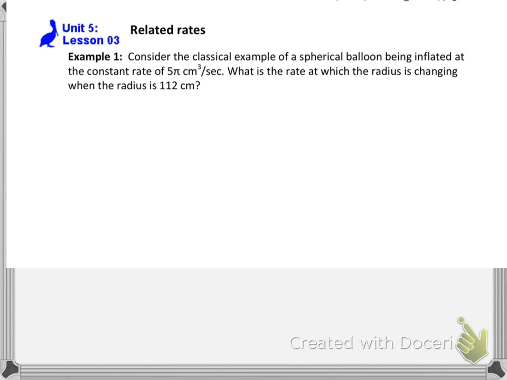So no matter what our variable is, it's going to be with respect to time. So for instance, if we're taking the derivative of the volume, the derivative of that would be dV for volume over dt for time, usually in seconds or minutes or whatever the case may be.